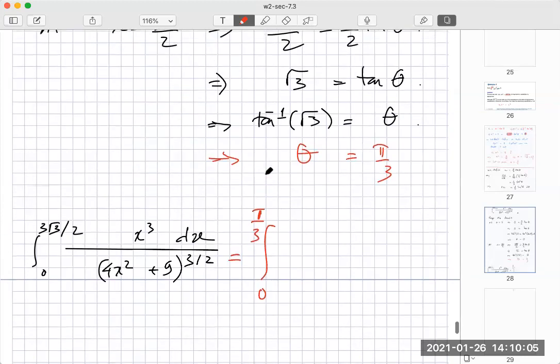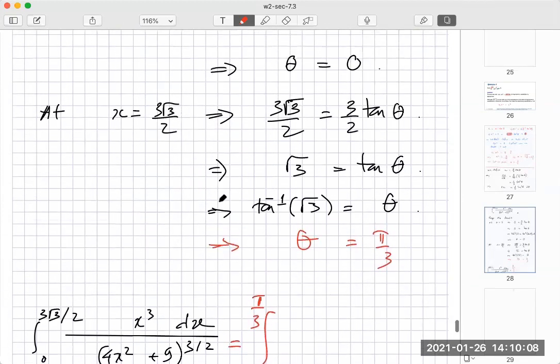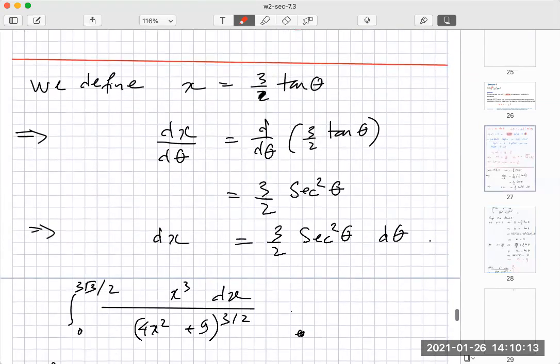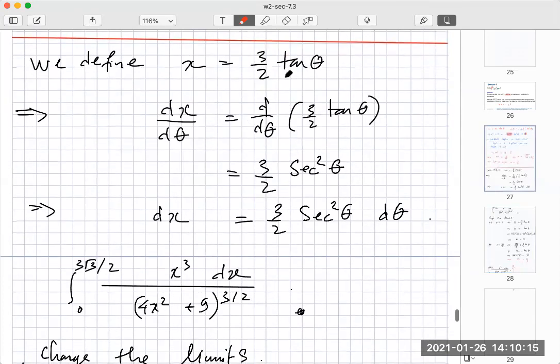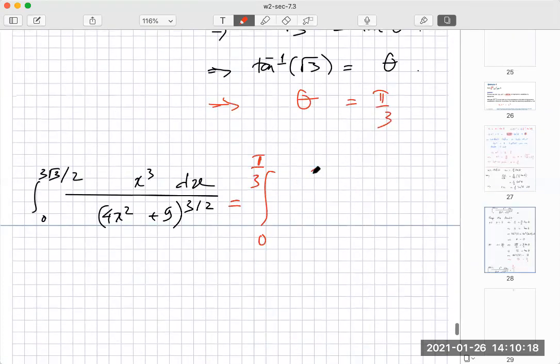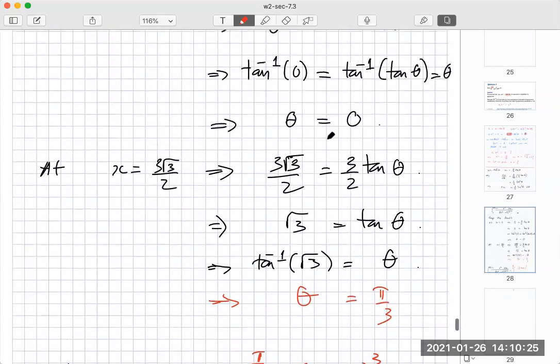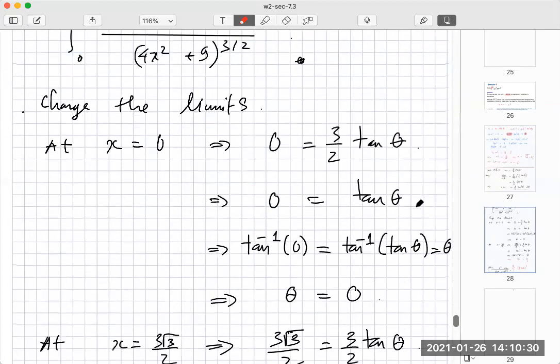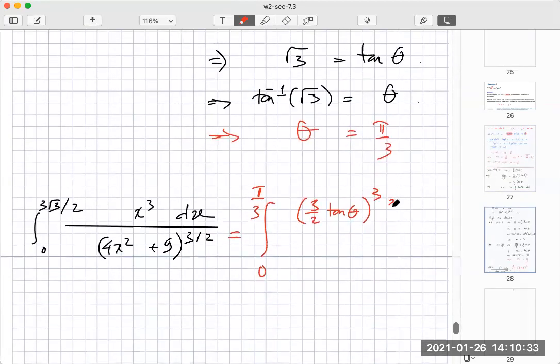And x cubed will be 3 halves tan theta cubed. dx here is this guy, 3 halves secant squared theta d theta.